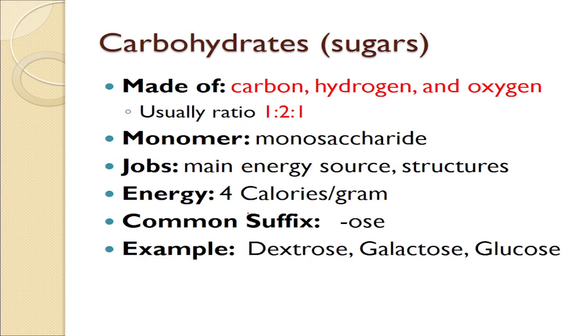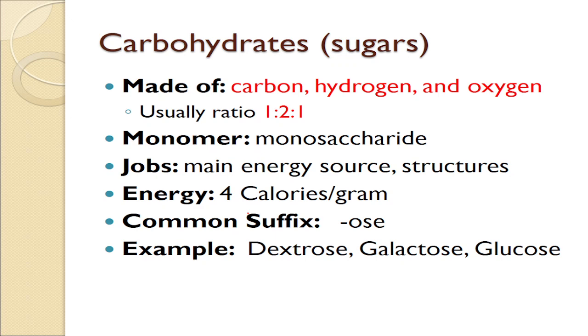Carbohydrates, sugars, are made up of carbon, hydrogen, and oxygen, and usually one carbon needs 2 hydrogen and 1 oxygen. So that's the ratio, 1:2:1. The monomer is called the monosaccharide. Its job is to be an energy source. It has 4 calories per gram.